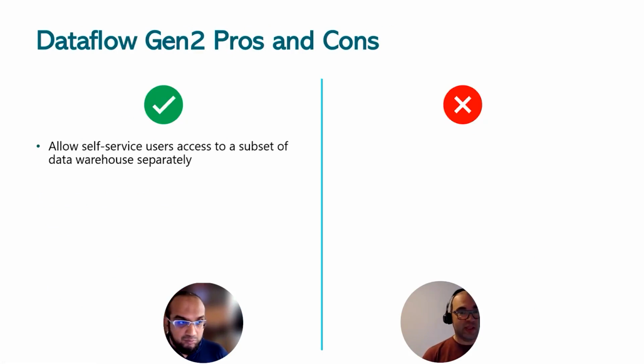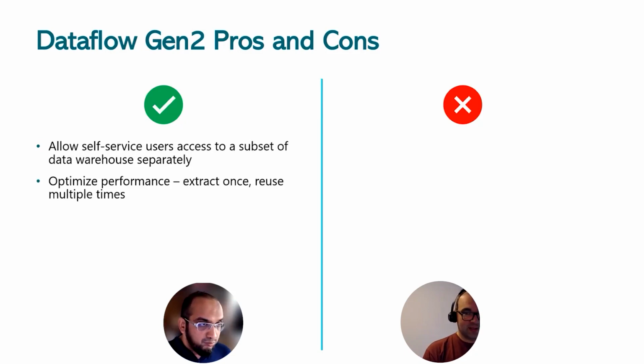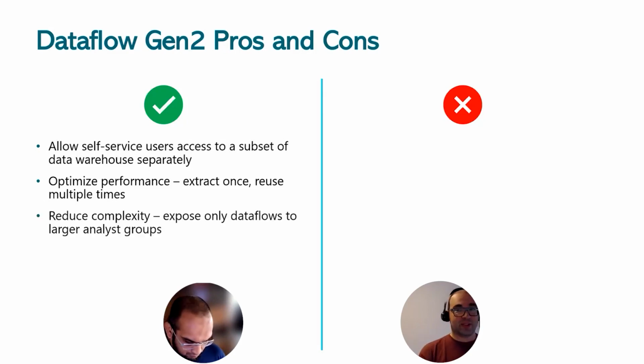There are certain pros and cons, obviously, of this solution that you should be aware of. Main advantages of Dataflows Gen2 are, first of all, they allow self-service users access to just a subset of your data warehouse or data lakehouse. So you don't need to expose the entire thing. They are also good for optimizing performance of your end-to-end solution, because with dataflows, you will just extract your data once, and then you can reuse this dataflow multiple times across different use cases.